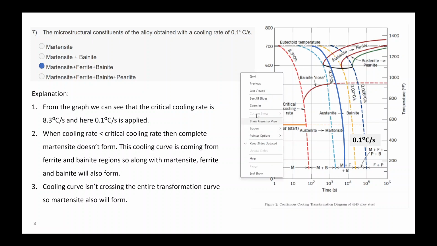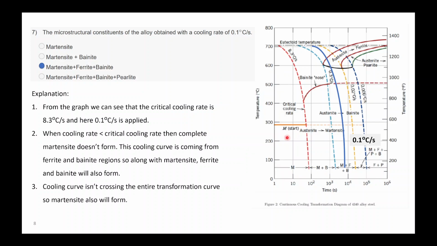So as written here, from this graph we can see that the critical cooling rate is 8.3 degrees Celsius per second, but we are applying a cooling rate which is very low compared to that. So complete martensite won't be forming. This cooling curve is coming from ferrite and bainite regions.